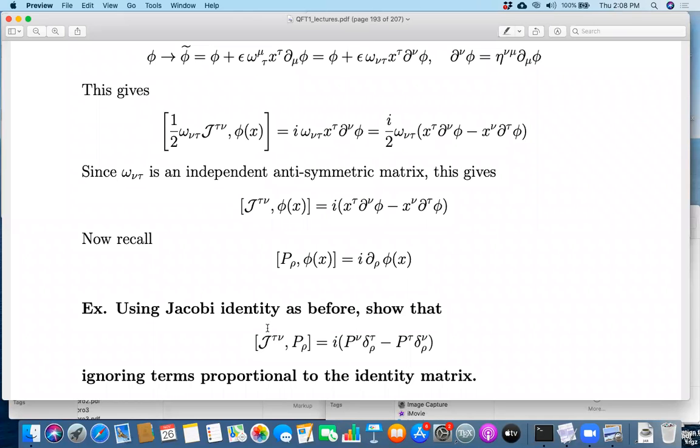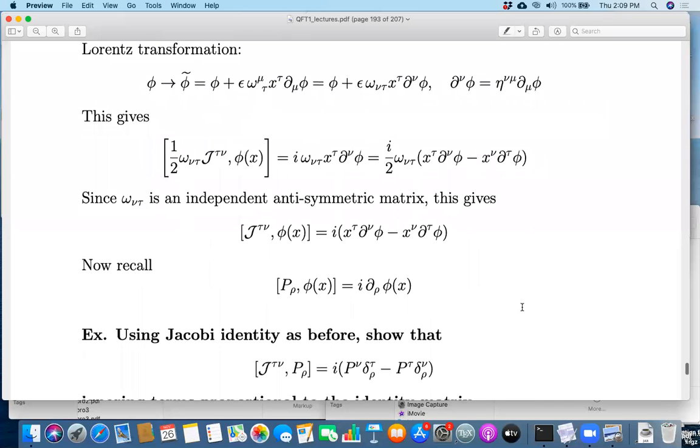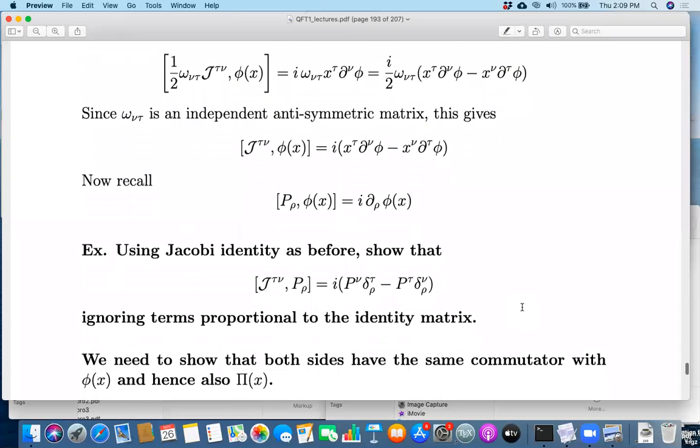J is conserved. When you try to explicitly verify that indeed the derivative of J is 0, then you have to take into account the fact that x tau could have a non-zero derivative, and that will be necessary to show that the derivative of J is 0. But since the derivative of J is 0 because it's conserved, that we know already, we don't have to go back to the expression for J, which has an explicit x.